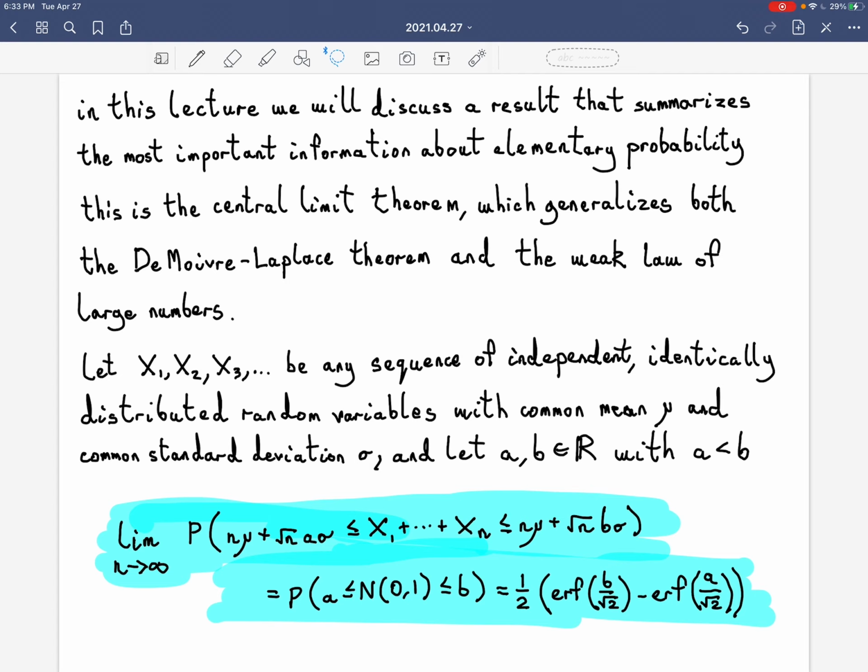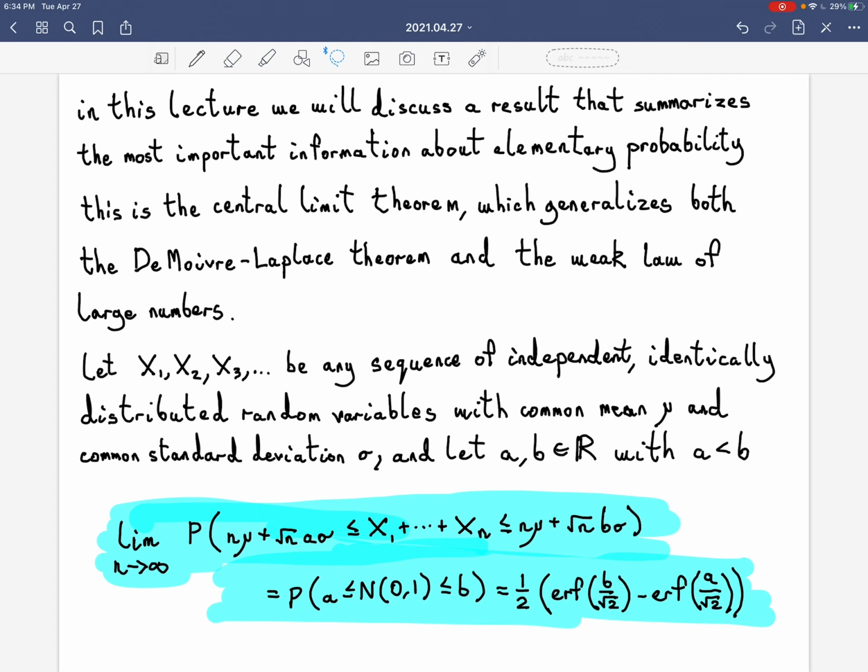So the coin flip game is the simplest example of a sequence of independent, identically distributed random variables.